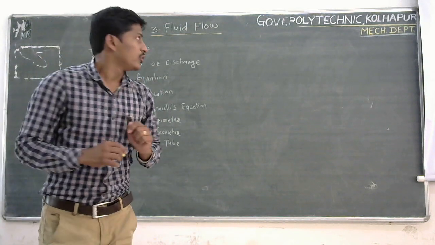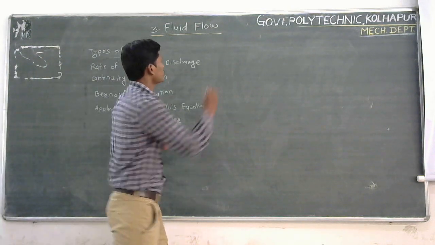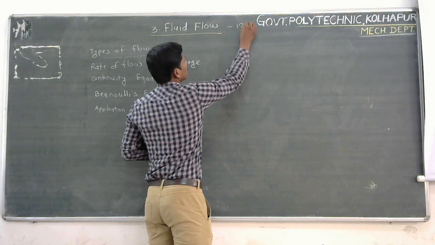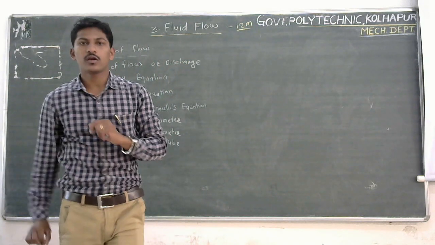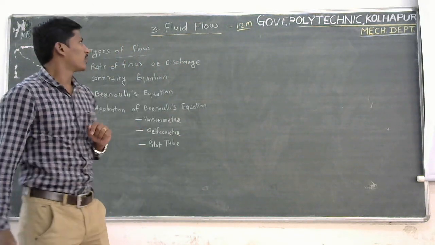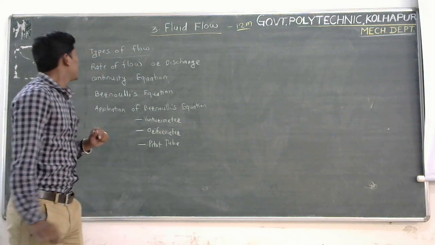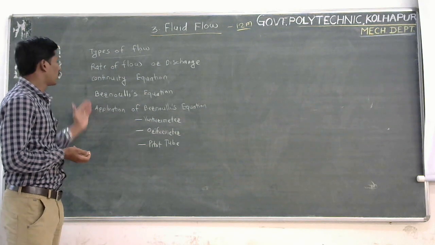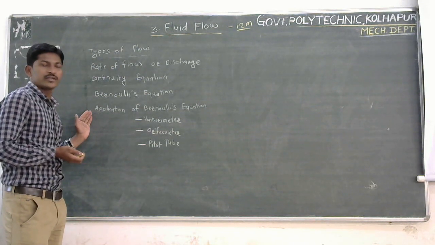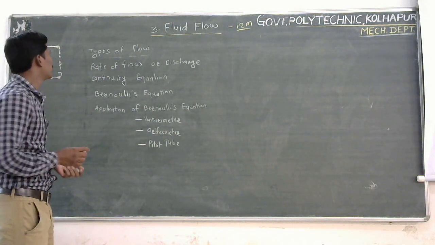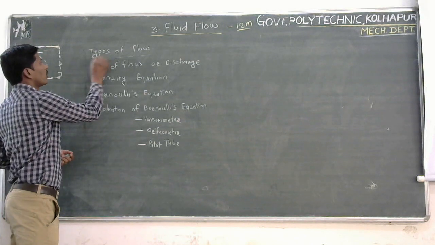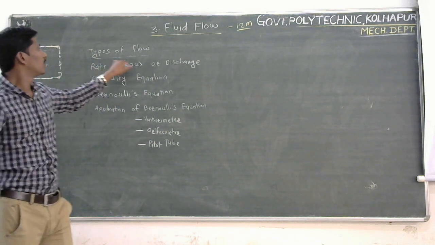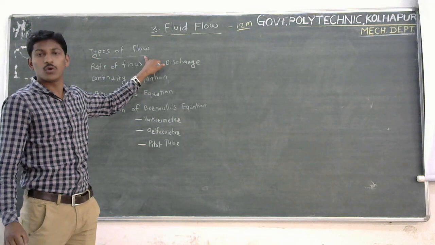This unit is for 12 marks for your theory exam. So in this unit, we are going to see these points, which I have already mentioned here. The first important point is types of flow.